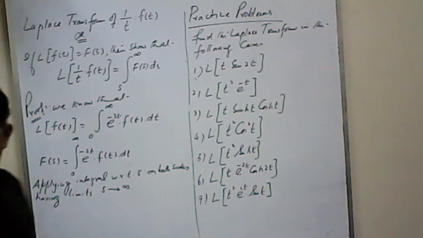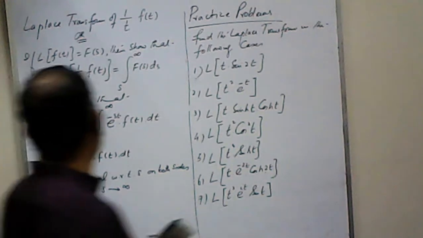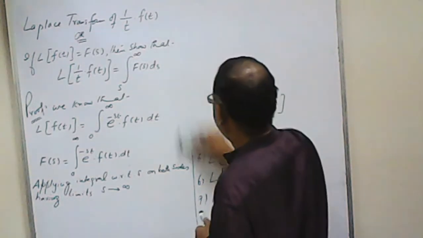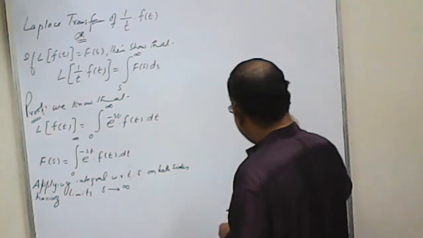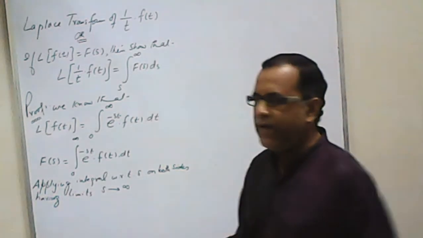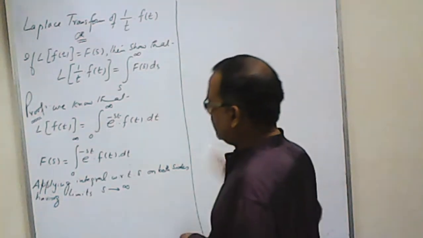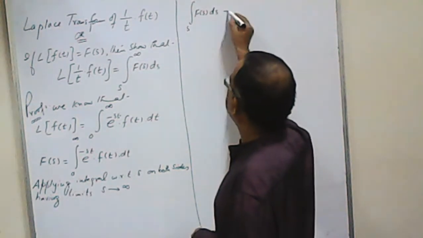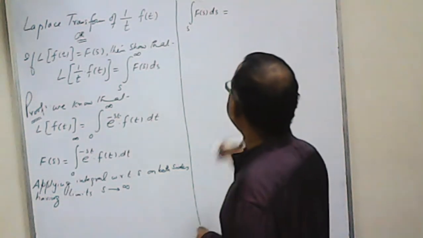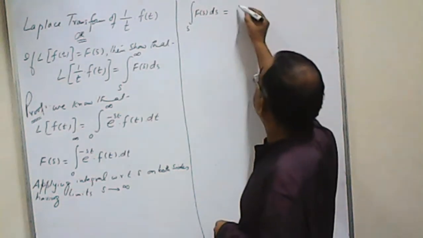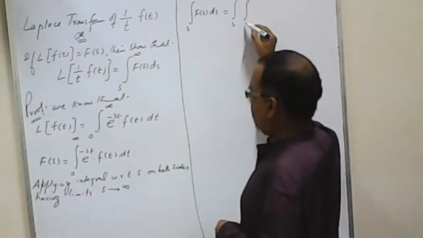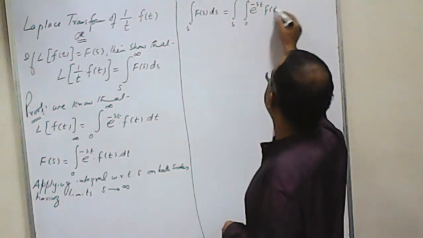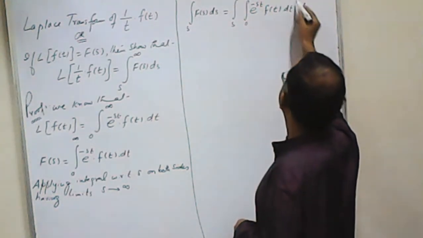Now I am going to integrate both sides with respect to s, and since in Laplace we generally have a definite integral, I am keeping the limits s to infinity. So the left hand side will become the integral from s to infinity of function of s ds, and the right hand side will become the integral from s to infinity of, previously we have, the integral from 0 to infinity of e power minus st f of t dt, ds.